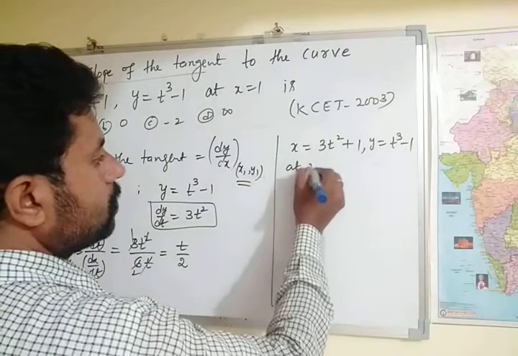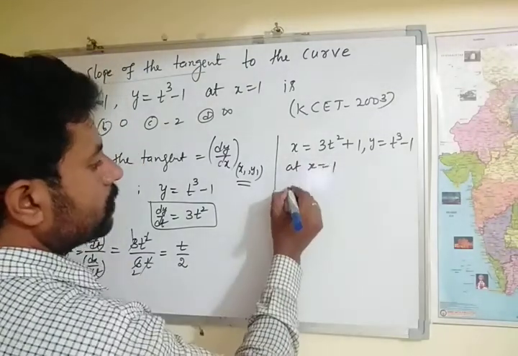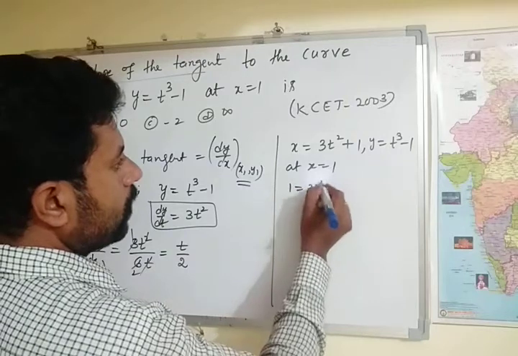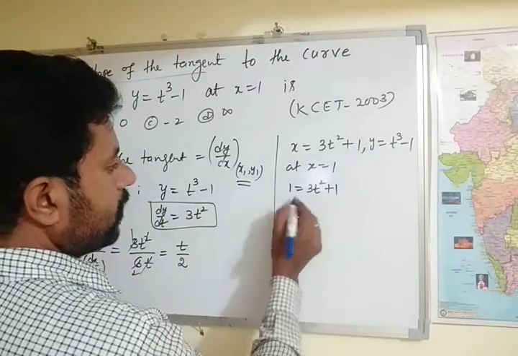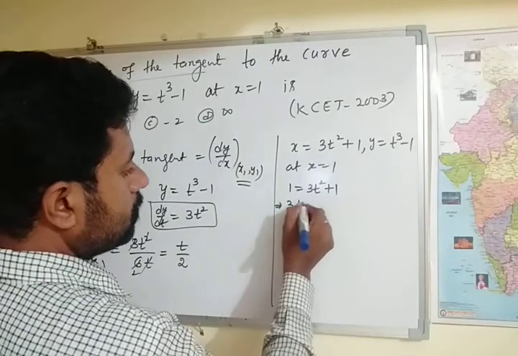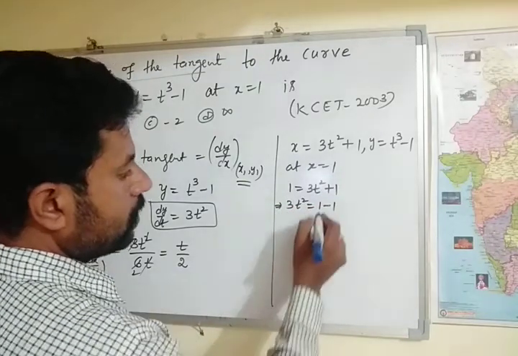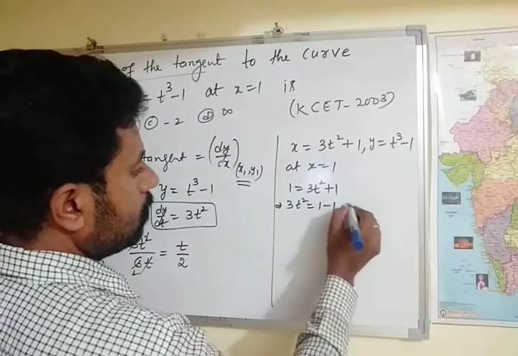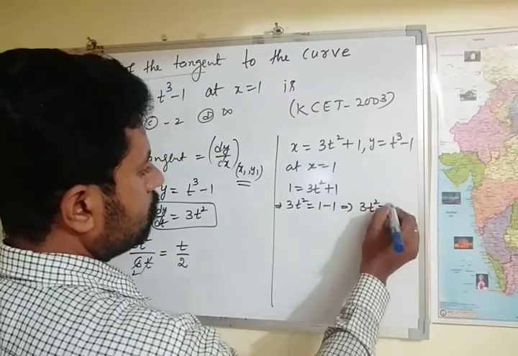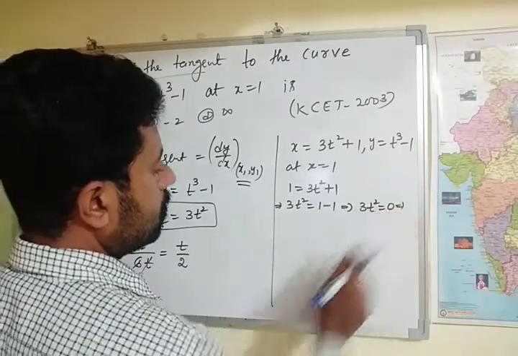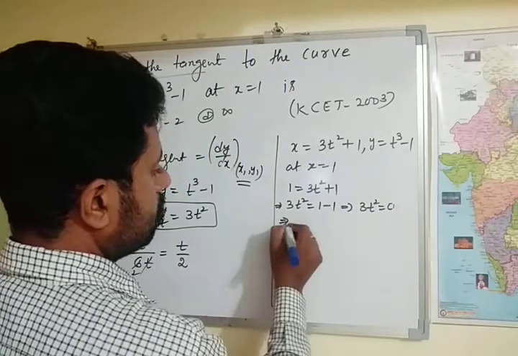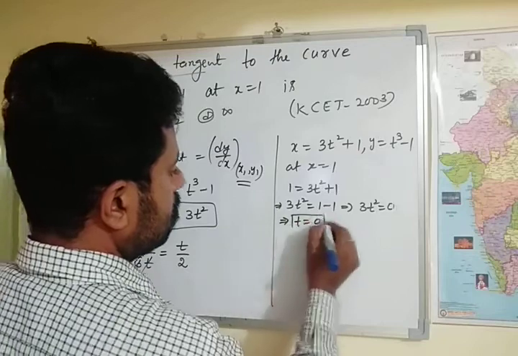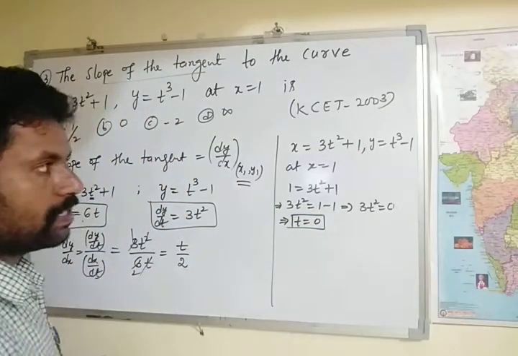At x is equal to 1, this becomes 1 is equal to 3t square plus 1. This implies 3t square is equal to 1 minus 1 is 0. This implies 3t square is equal to 0. This implies t is equal to 0.